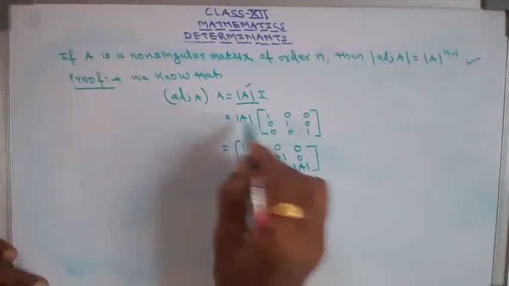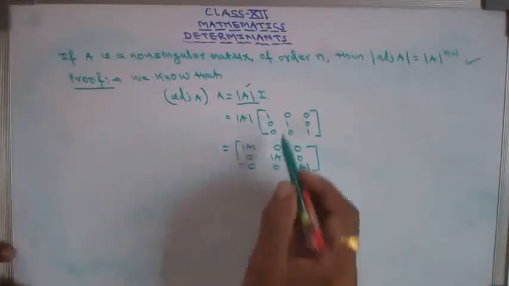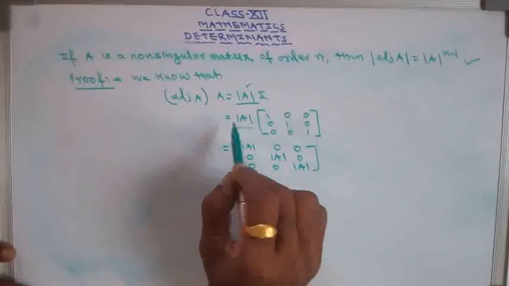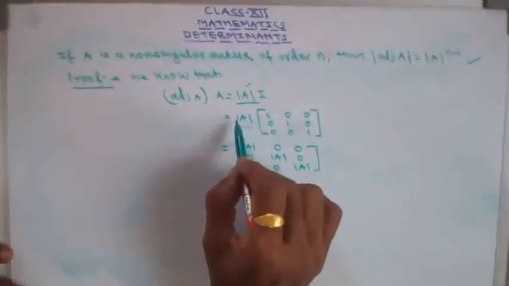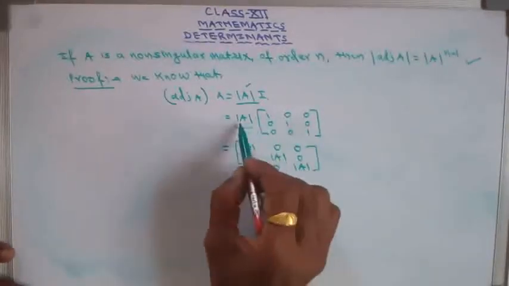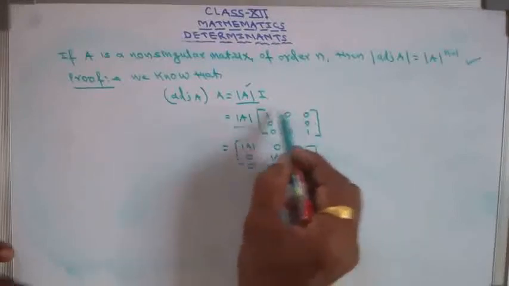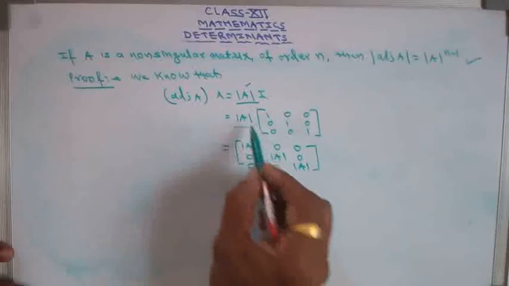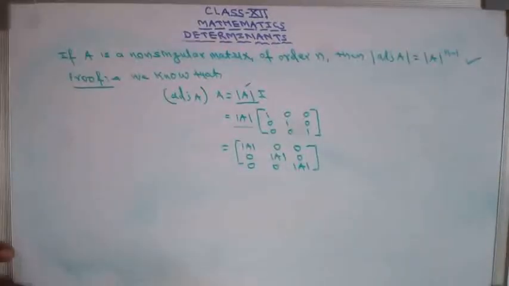In this way we can multiply directly, because determinant of A is common to this identity matrix and multiplies every element of the matrix.